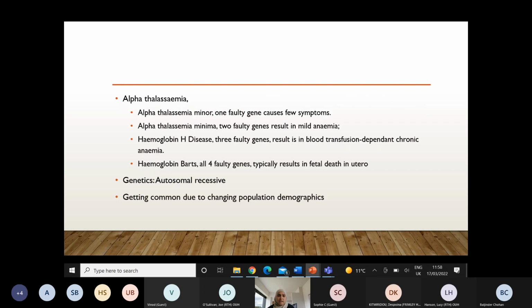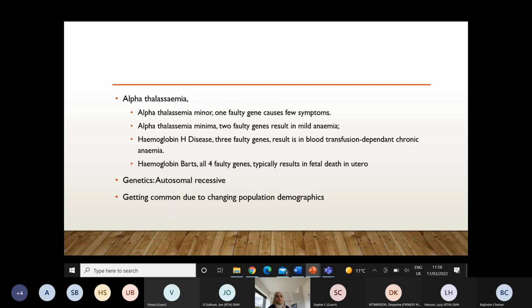And we see it in pregnancy as well. On the other hand, alpha thalassemia involves more genes. In total you have 4 genes, which come from both parents. If you have one gene missing, you hardly have any symptoms. If you have 2, it is mild anemia.